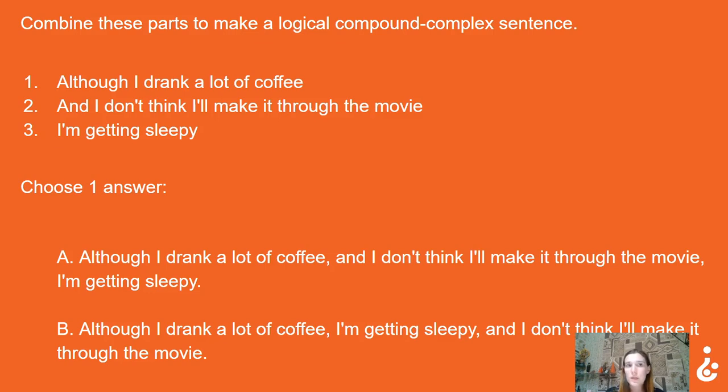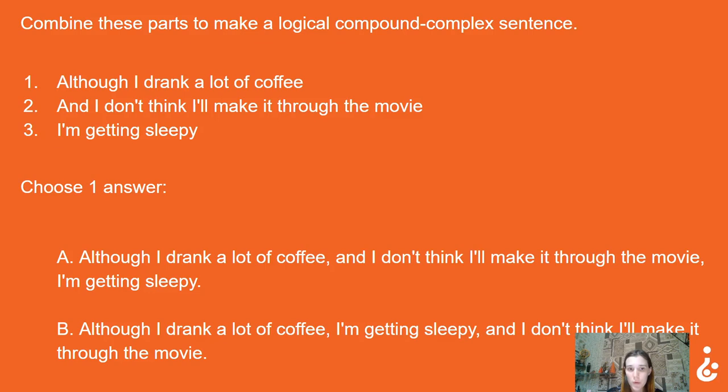Here you should combine these parts to make a logical compound complex sentence. First, although I drank a lot of coffee. Second, and I don't think I'll make it through the movie. And third, I am getting sleepy. And here you should choose one answer.